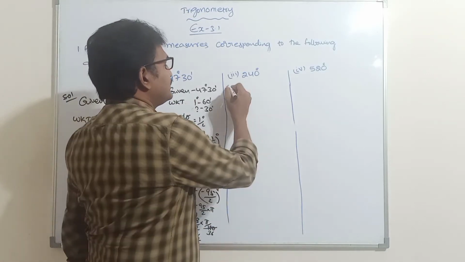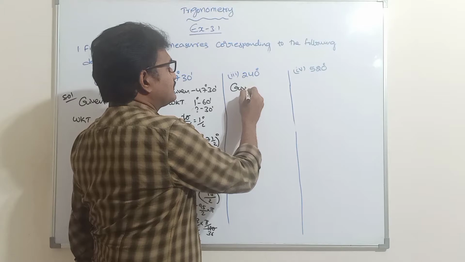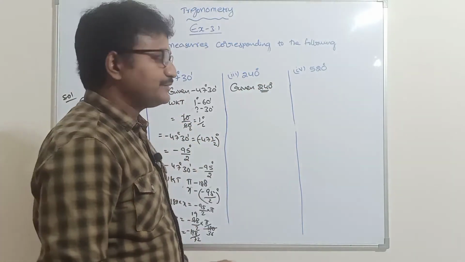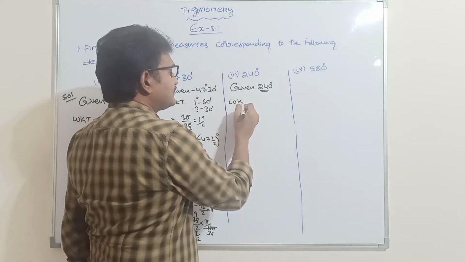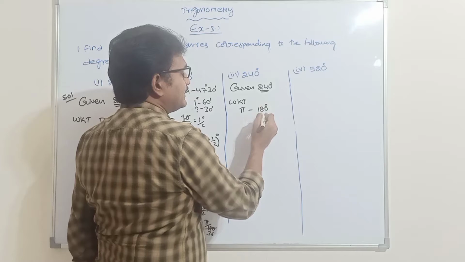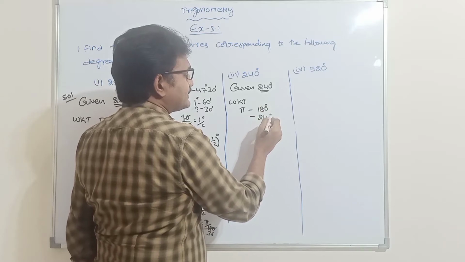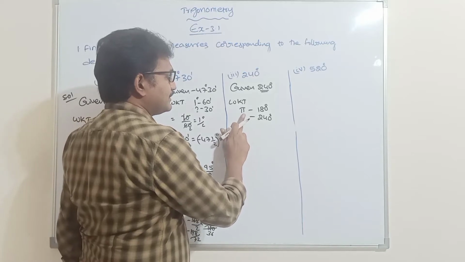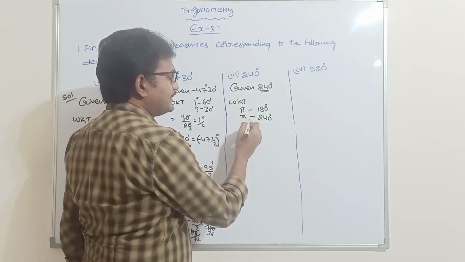Next, 240 degrees. Given 240 degrees, convert this 240 degrees into radians. We know that pi radians is equal to 180 degrees. Then 240 degrees is equal to how many radians? We don't know the radian value of 240 degrees. Let it be x.